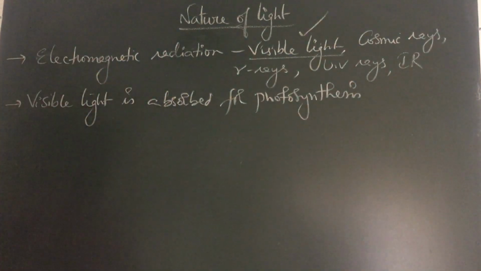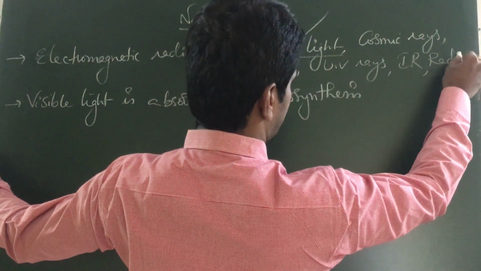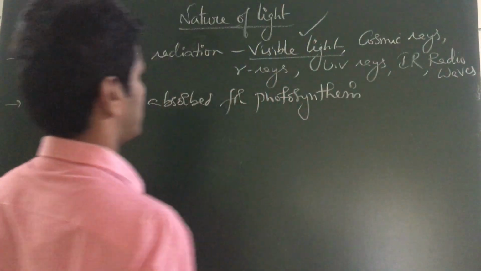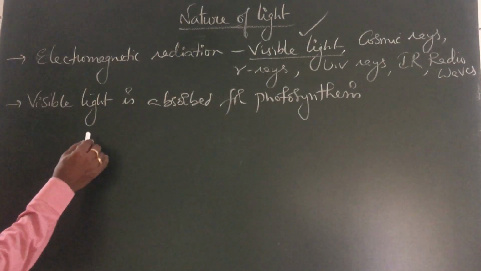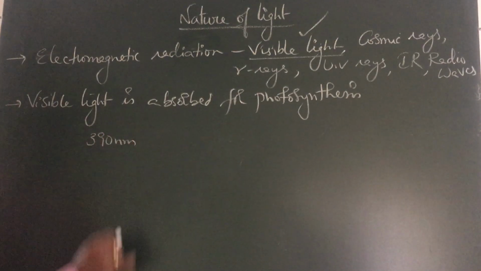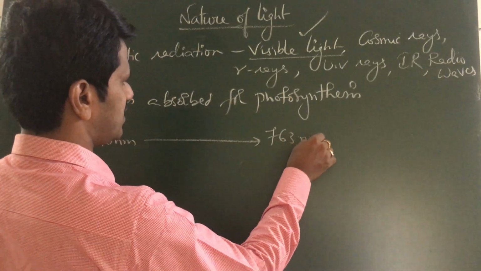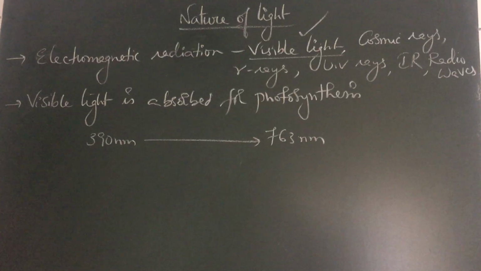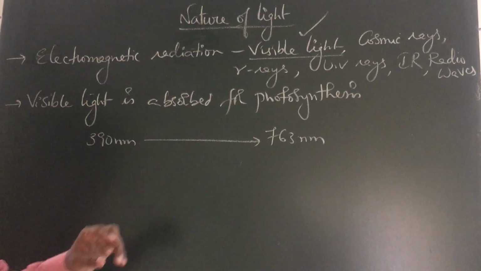If you take the range of wavelength of the light, radio waves we can also include. In the visible light, the range is 390 nanometers to 763 nanometers. 390 to 763 nanometers is the range of the visible light.